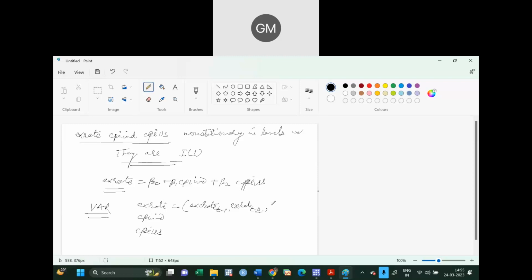And similarly, you'll be entering CPI T minus 1 and CPI T minus 2, this is for India, right? Similarly, CPI US T minus 1 and CPI US T minus 2.